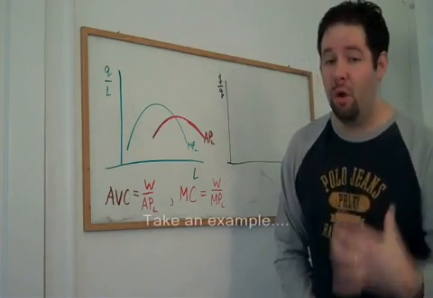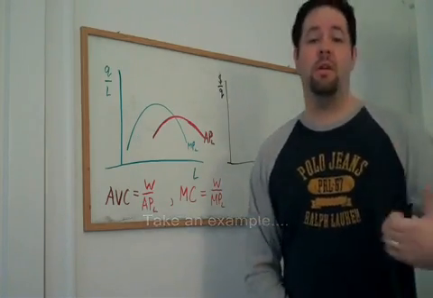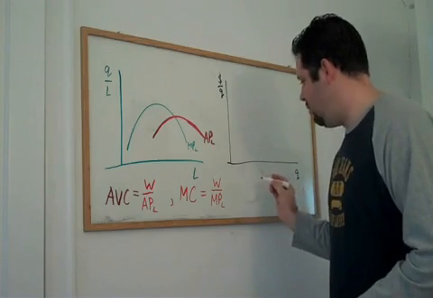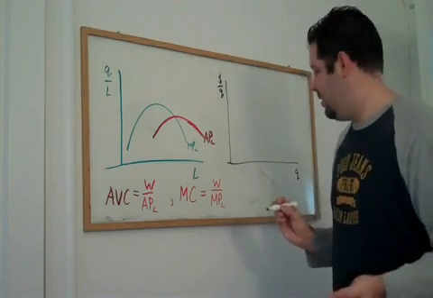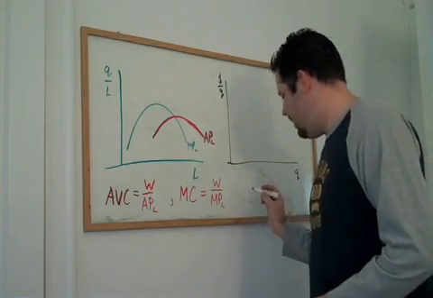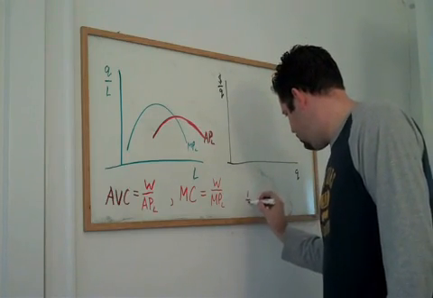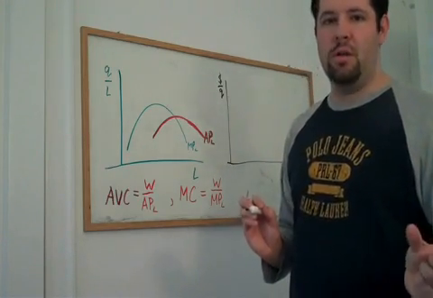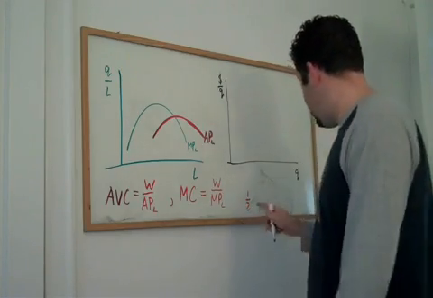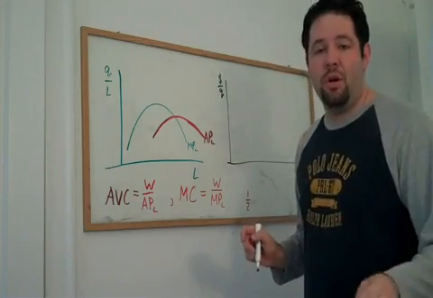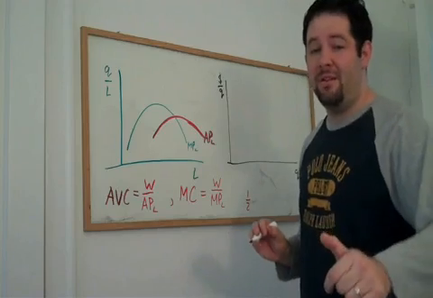Say we need 2 worker hours to produce 1 unit of output. That would mean our marginal product of labor is just 1/2. We need 2 workers to get 1 unit of output, so each additional worker produces 1/2 of a unit of output.